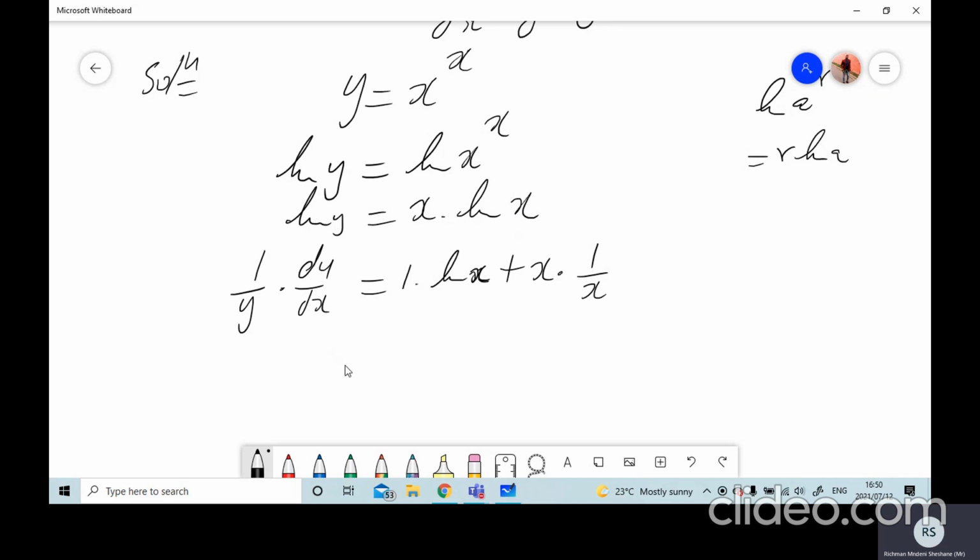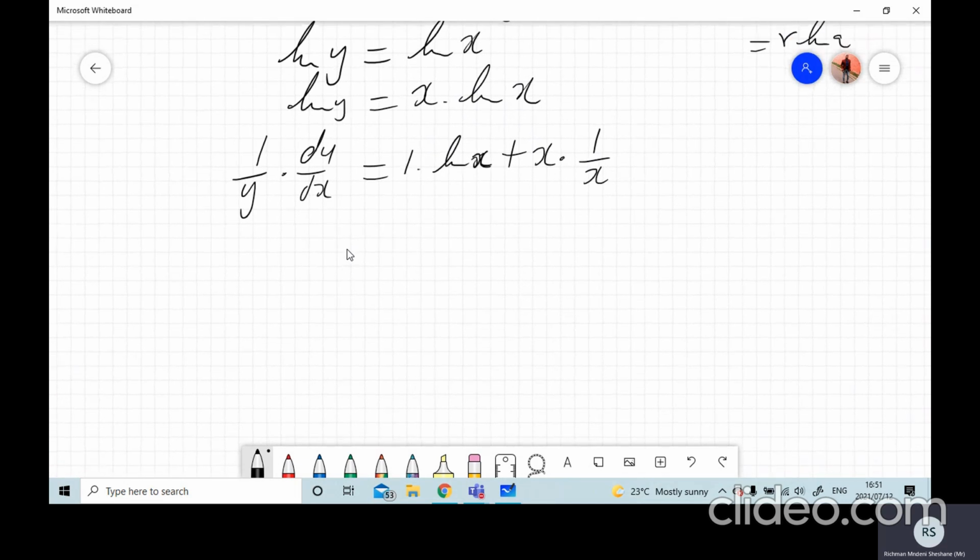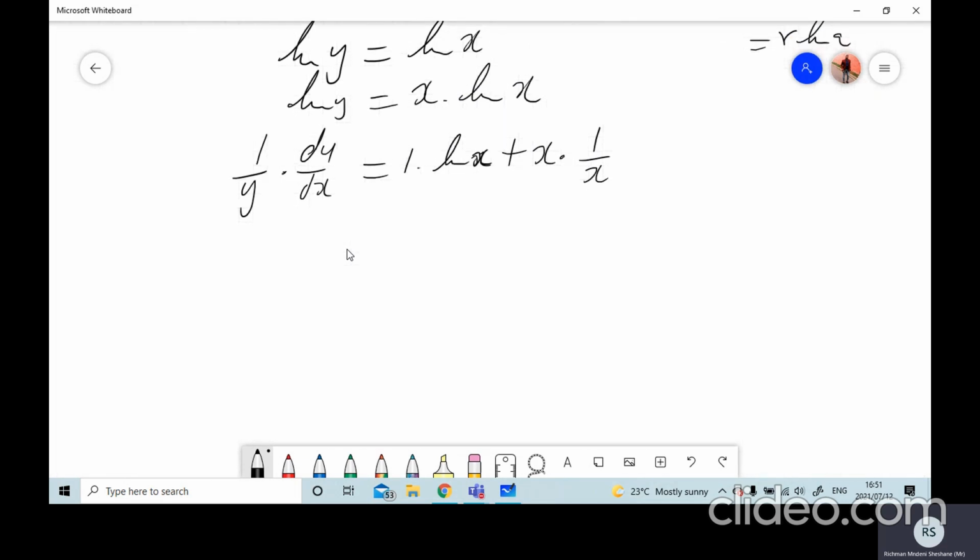Next, remember we want to find dy/dx, so you need to solve for dy/dx. What you can do is multiply by y on both sides.